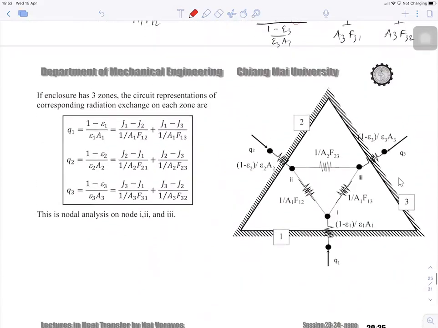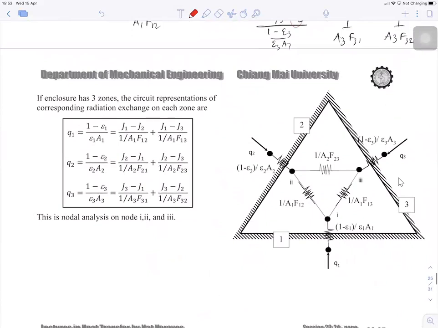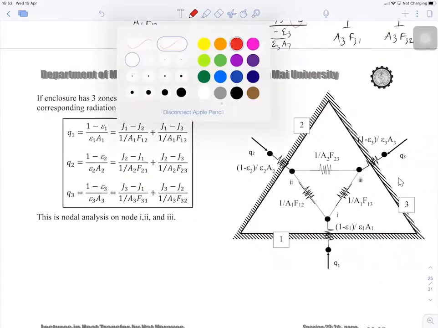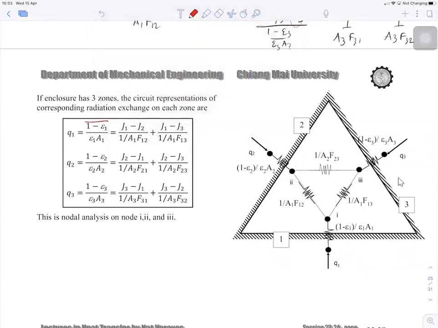I write it for you something like this. Oh, this one is wrong. I'm sorry guys, this should be EB1 minus J1, EB2 minus J2, EB3 minus J3. Okay, sorry about that, guys.